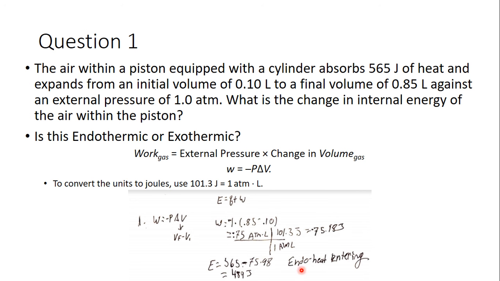Also, endo, exo: if heat's entering you, endo; if heat's leaving or exiting you, exo. So positive heat, endothermic; negative heat is exothermic. So E equals 565 minus 75.98, and I just rounded it here. Our energy is a positive 489 joules.